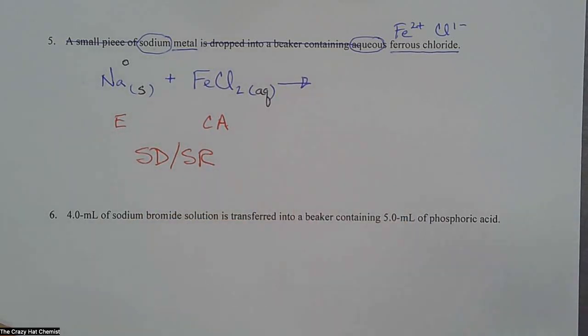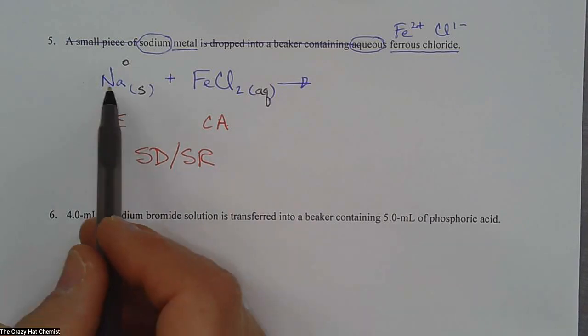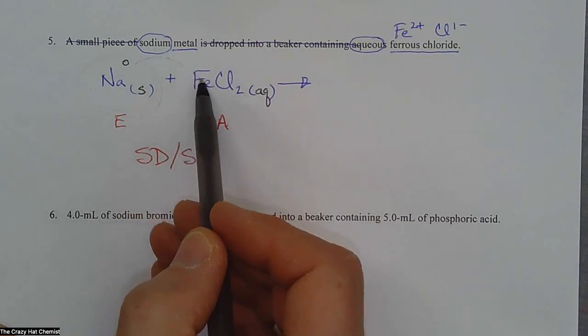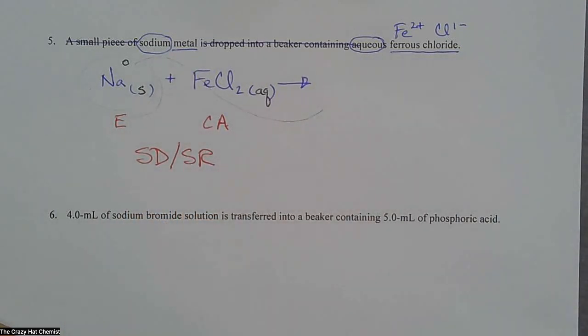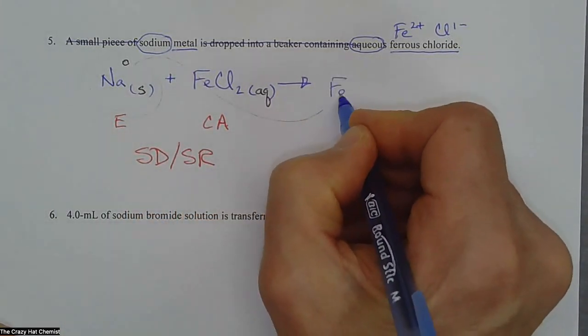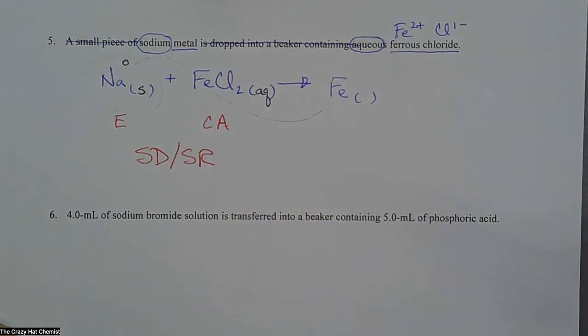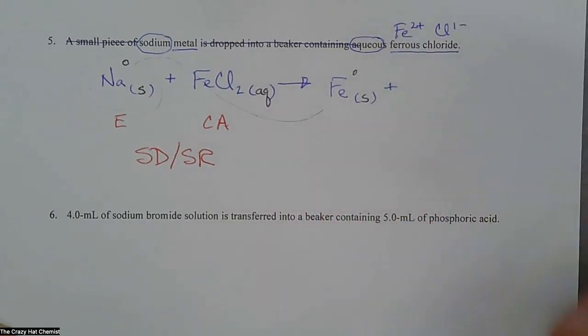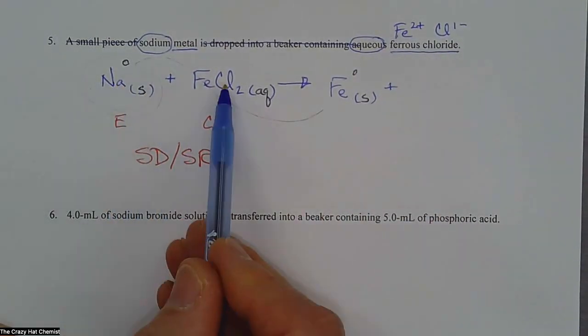Okay, and you need to consult an activity series, and sodium is very reactive and it will displace iron, and then you get iron on the product side, Fe, and this will be a solid, which would have a 0 charge there for everybody else that needs that. Then you're going to combine the sodium and the chloride.